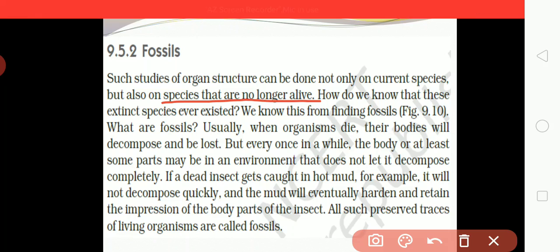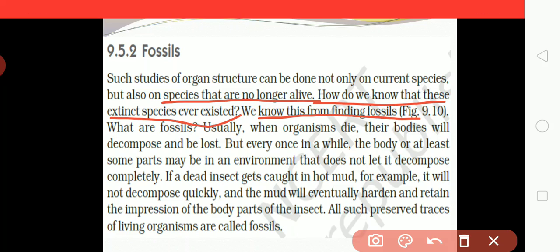How do we know that these extinct species ever existed? If we talk about some species, how do we know they really existed in the ancient period? We know this from finding fossils. By finding a fossil, we can see that some species existed in ancient times.